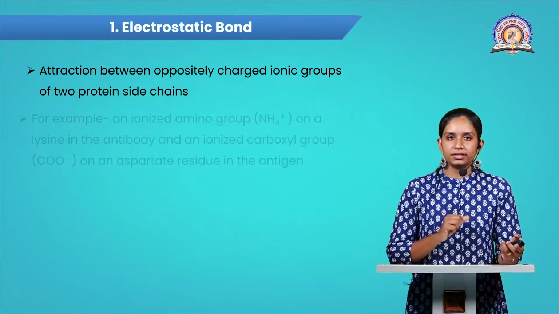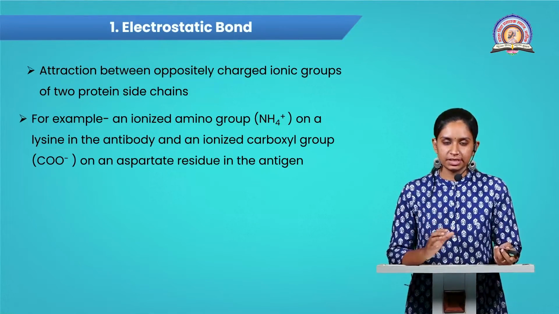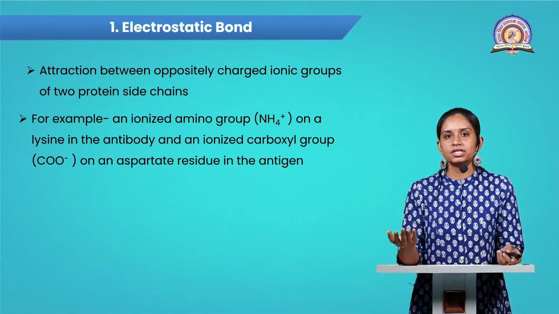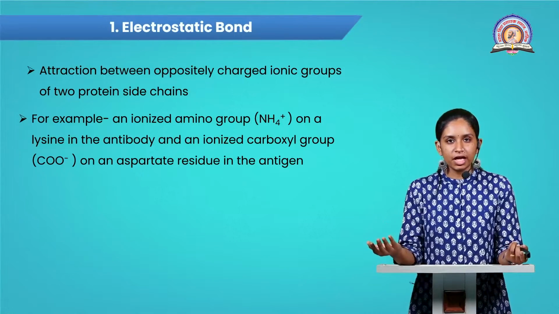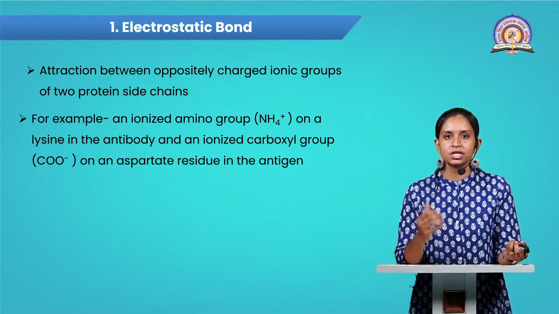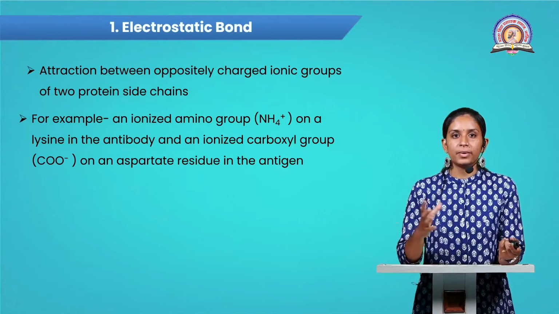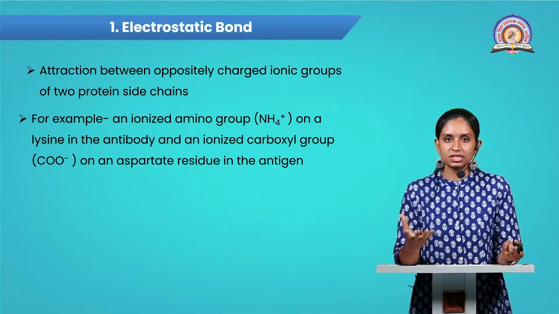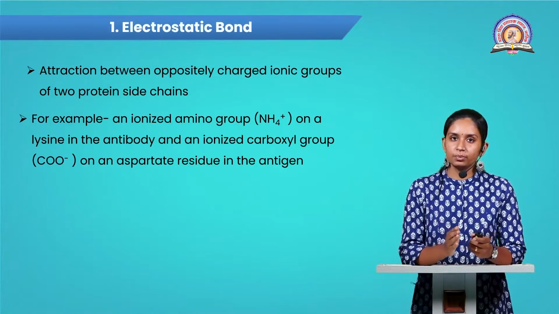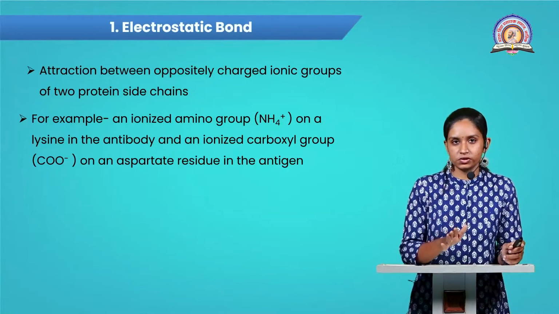What this bond means is, if there are two oppositely charged molecules present, like if one molecule is carrying a positive charge and the second molecule is carrying a negative charge, then due to this opposite charge they will get attracted to each other, similar to a magnet. In a magnet, if opposite poles are present, they get attracted to each other. If same poles are present, they will repel each other. So the same is the principle here also.